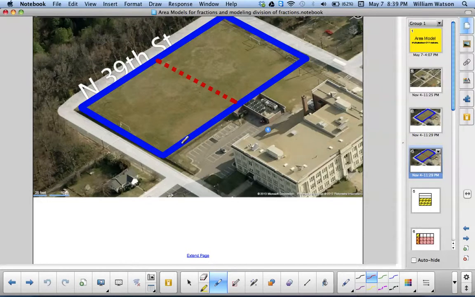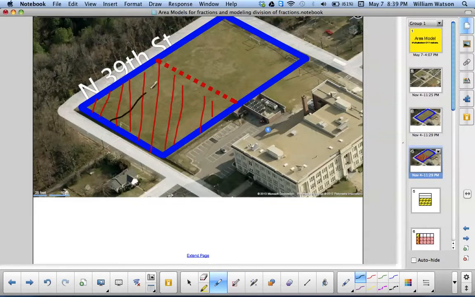I'll tell the kids that we're going to have a field day at the end of the year, and we're going to split the kids up. Middle school on one half of the field and high school on the other. Since I'm teaching 6th grade, they're interested in the middle school piece of it. So I'll tell them, all right, we're going to put you on this half of the field, and we're actually going to take the field and split the field into thirds, and we're going to put the 6th graders on one piece, the 7th graders on a piece, and the 8th graders on a piece.